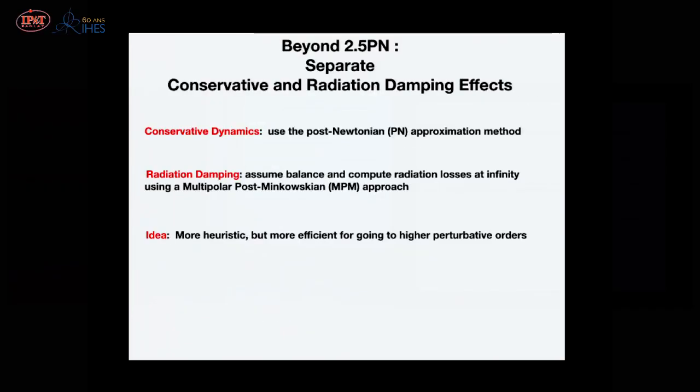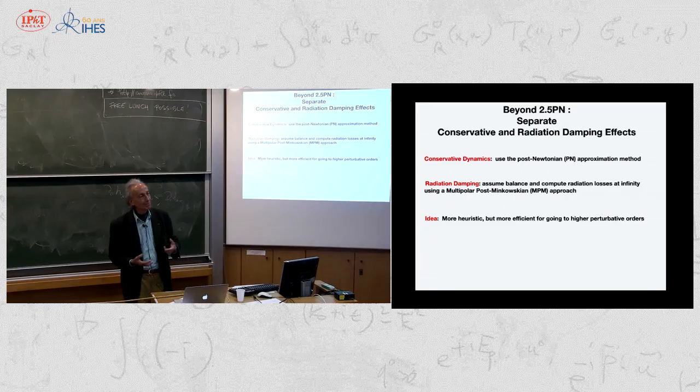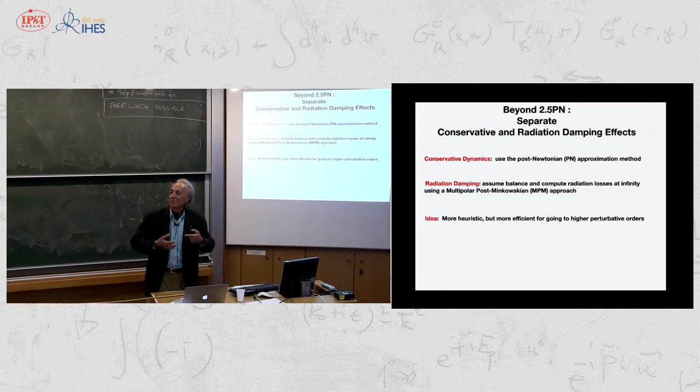As I already said, this technique, which is in principle nice conceptually because it does not make a near zone approximation, is not very good. I mean, it's more complicated if you want to extend it to higher orders. So to higher orders, it is useful to separate the question of what is the dynamics of two black holes in two parts.